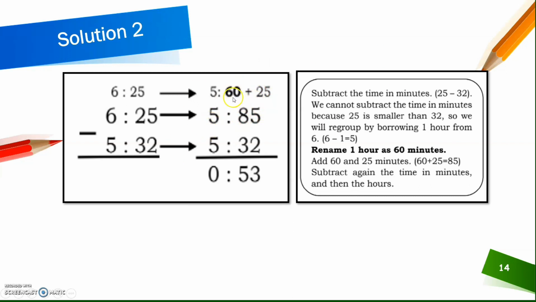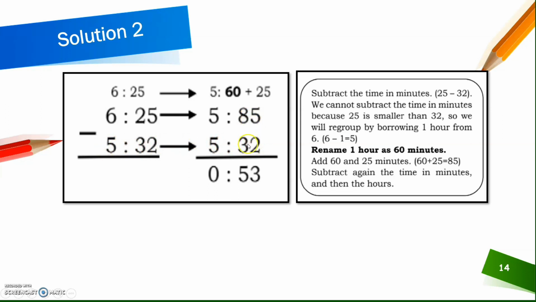Itong 1 oras na to, or 60 minutes na to, i-add natin dun sa 25. Kaya, naging 5:85. So, yung 5 hours na binawasan kanina na 6, and then yung 60 minutes plus 25 minutes. Kaya, naging 5:85. And then, subtract na natin siya sa 5:32.